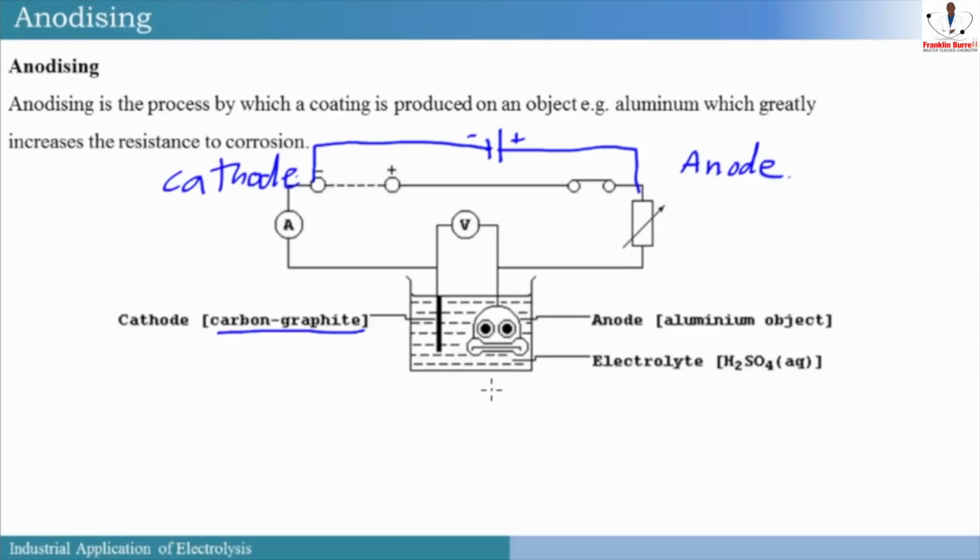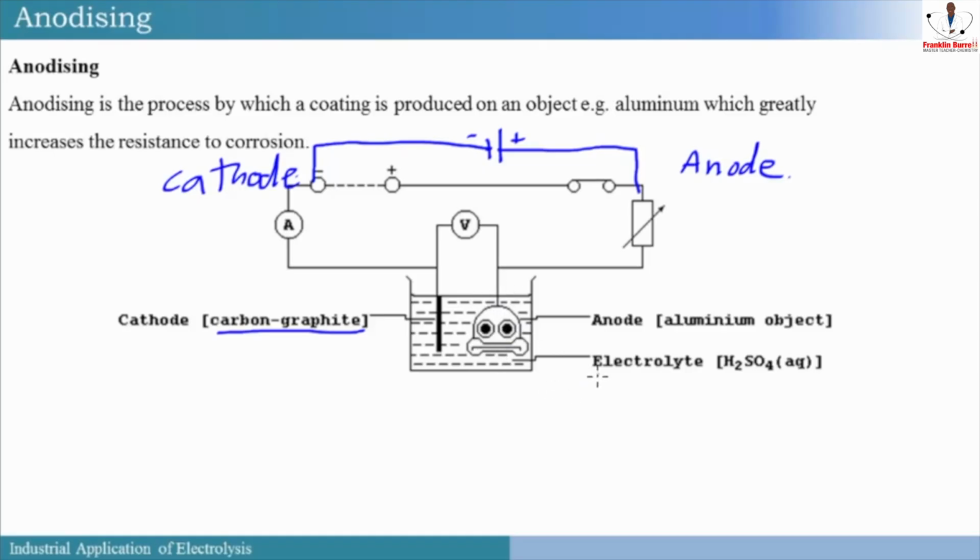That is where OH minus would migrate towards, because OH minus is negative, so it will migrate towards the positive electrode. OH minus will produce oxygen. Thus, oxygen would come off at the anode, coating the object with a layer of oxide. And that would be your protective layer around the aluminum.